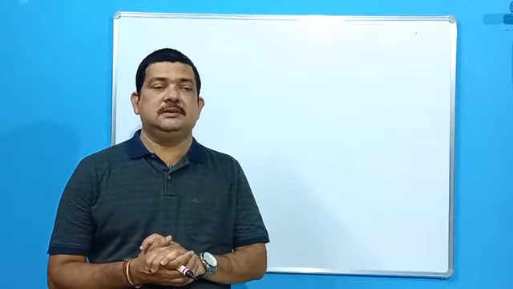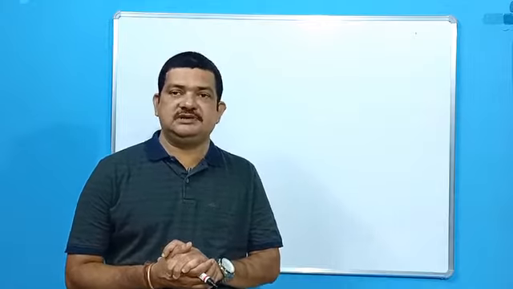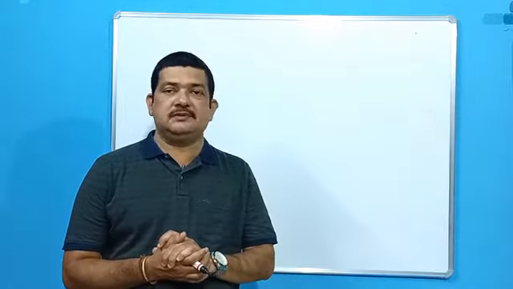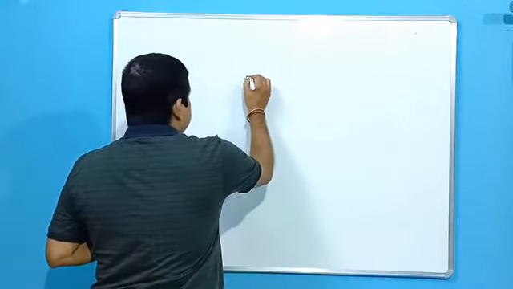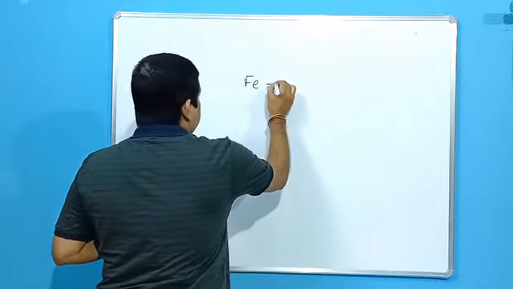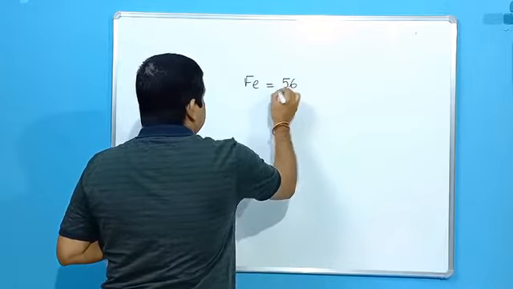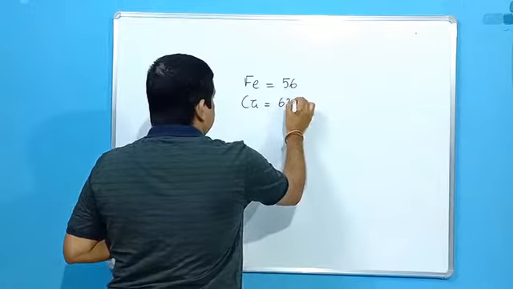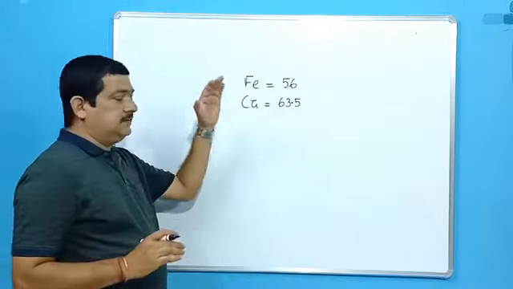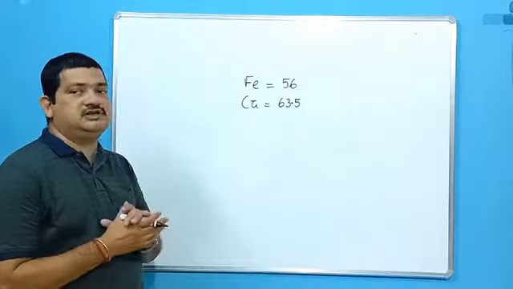Iron Fe, that is 56, and copper is 63.5. So you have to remember these two in addition. That is Fe iron, atomic mass is 56, copper atomic mass is 63.5. Okay, so apart from 1 to 20, you have to remember these two.